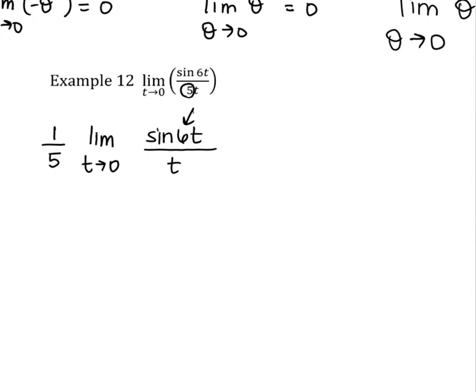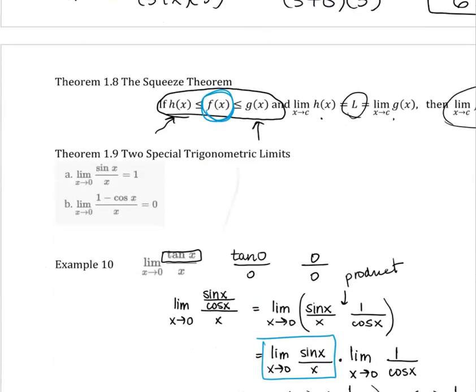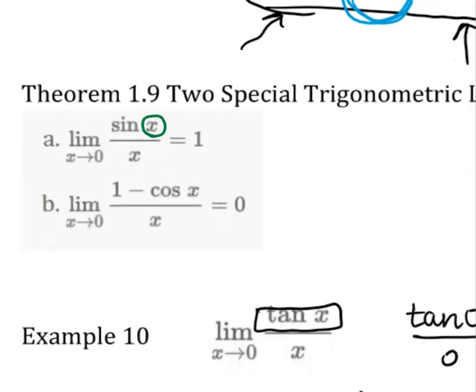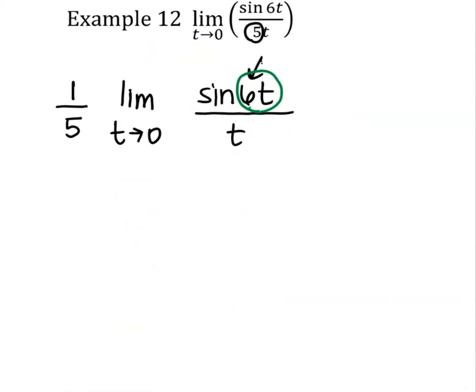Now, this looks a little bit more like that special trig limit, but the problem is the 6 that we have here, but I don't have a 6 down here. And that special trig limit says these two things need to be the same. Okay, not necessarily x and x, but they do need to be the same. So if I wanted to put a 6 down here, I would also need to put a 6 in the numerator.